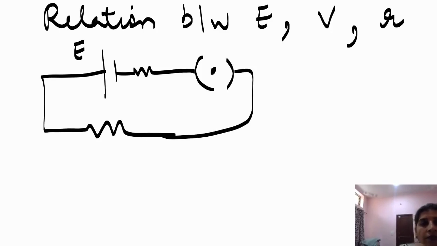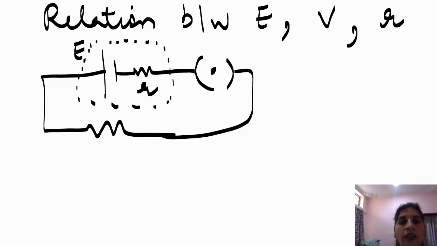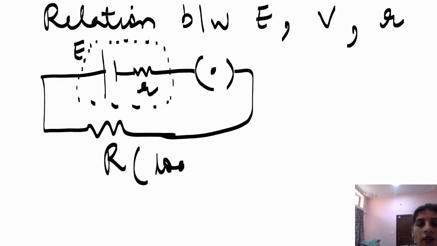This is the EMF. The internal resistance r. This complete thing is called a cell. Okay. The external resistance R is called the load. Now for this circuit, I can write like this.